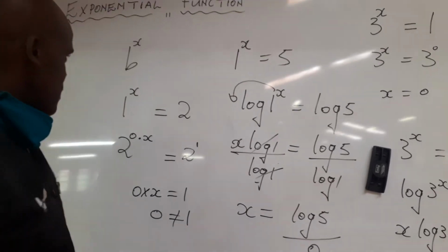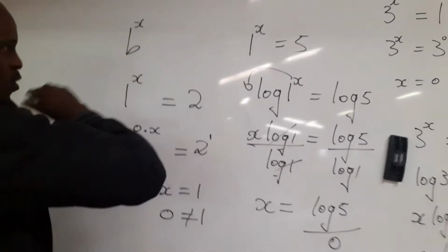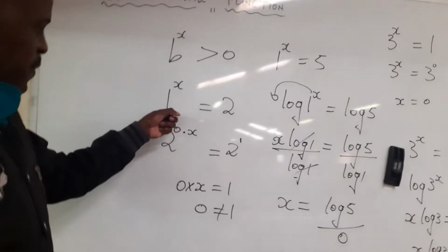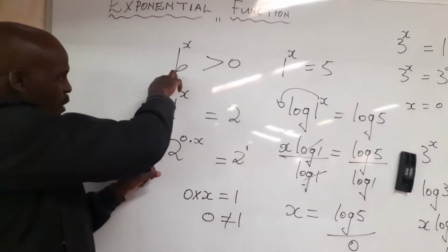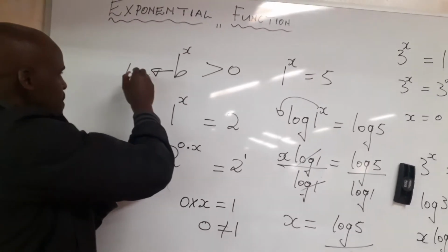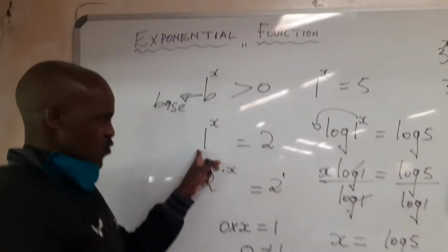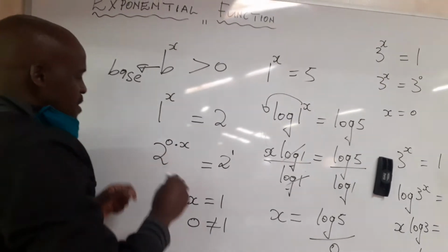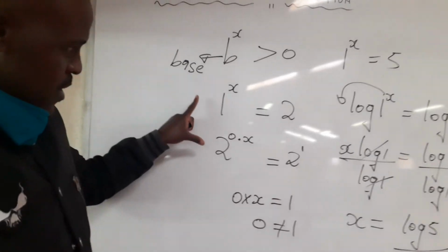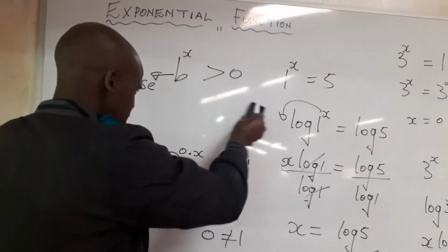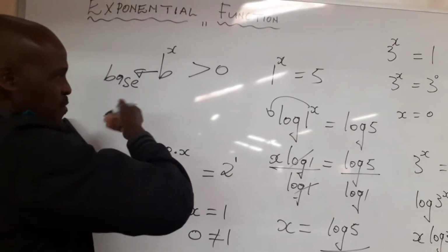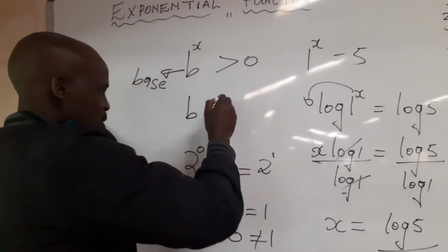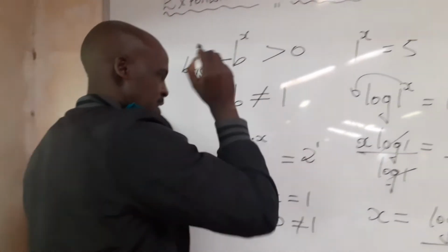This means that here we've got b, where we are saying this must be always positive. But now there is another thing that we have picked up: if our base is equal to 1, the whole of this won't exist. So the value of b, which is our base, can be either b, c, or whatever number, but b must not be equal to 1.